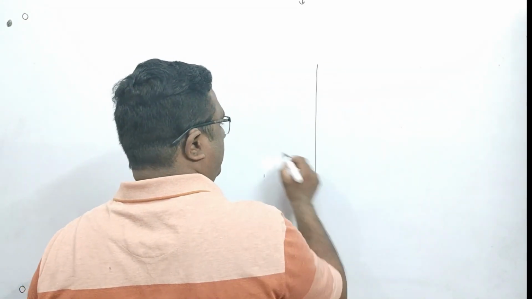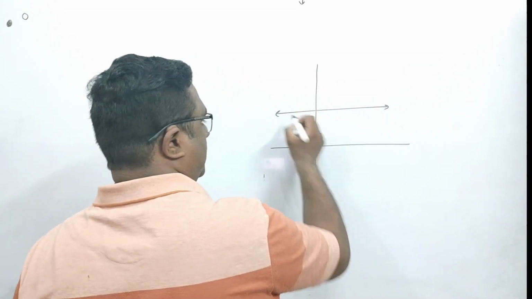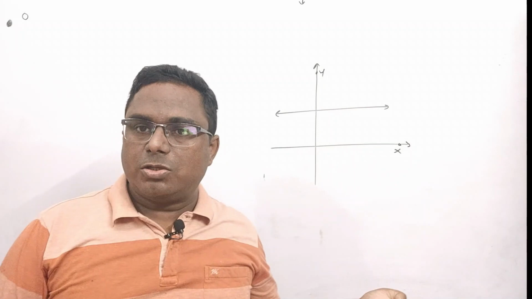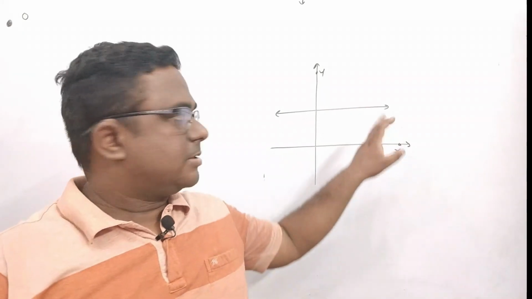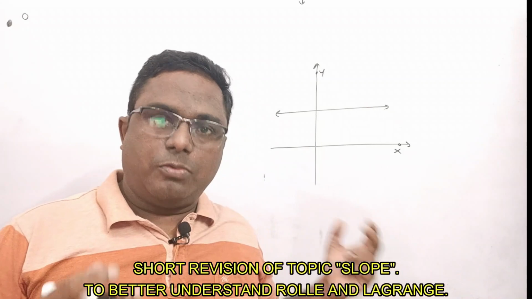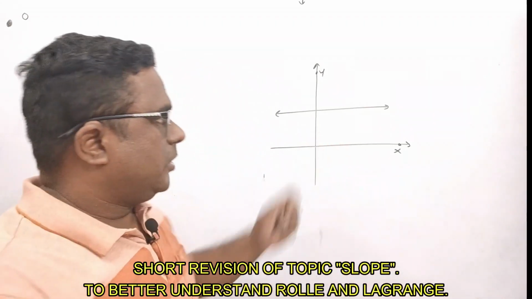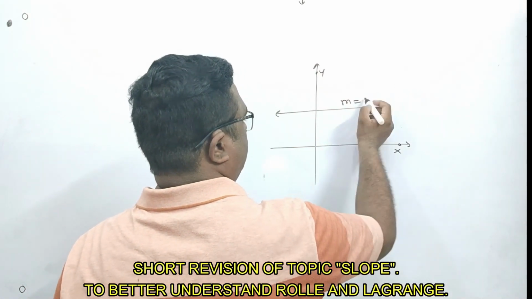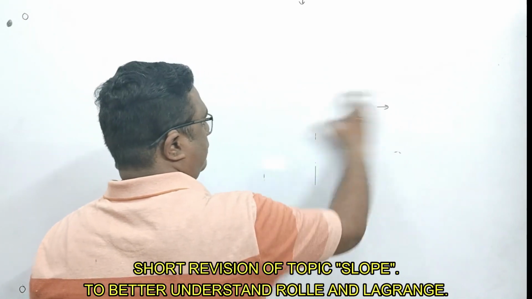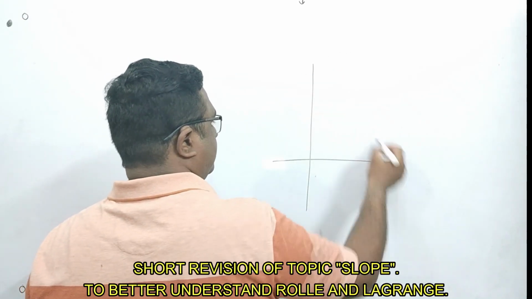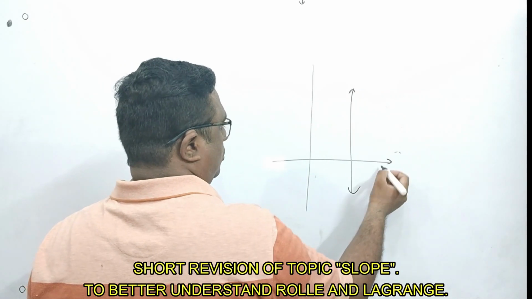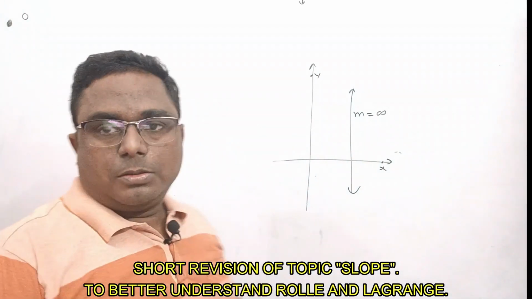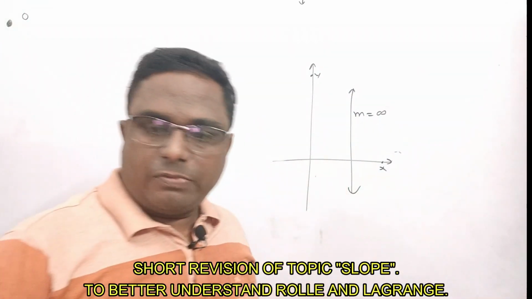If line is parallel to x-axis like this, then obviously its angle from the positive direction of x-axis is 0 degree. Since this line is parallel to x-axis, so its angle from positive direction of x-axis is 0. So value of slope will also become tan 0. It means 0. And if the line is parallel to y-axis, in that case, slope of the line will be not defined. Alright, so these are the 4 facts about the slope of a line.